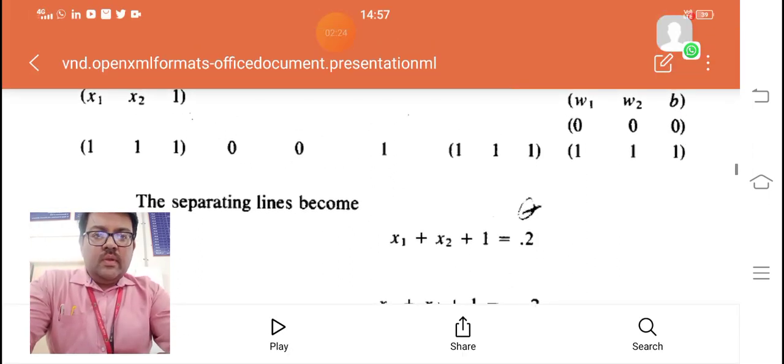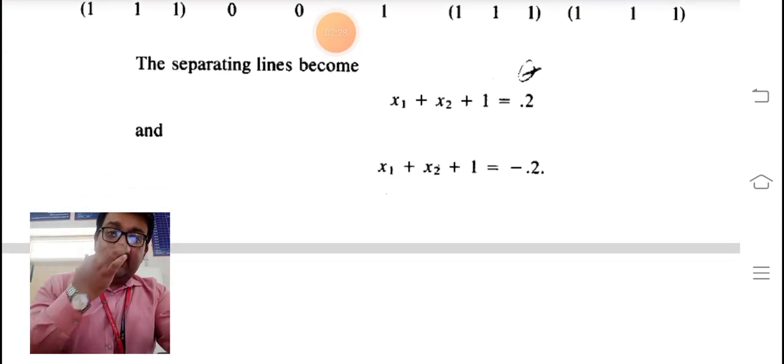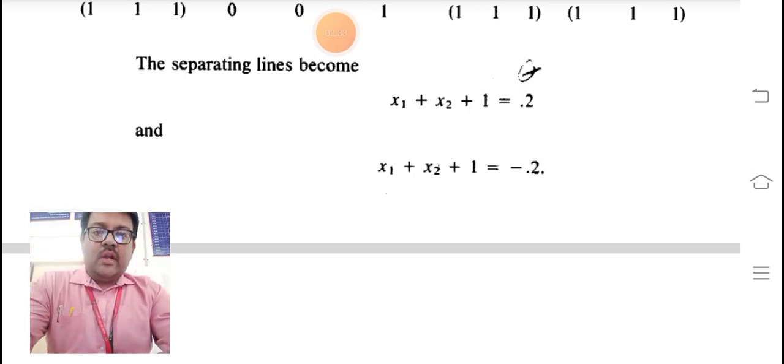Now we need to draw the separating lines. Separating lines will tell the variation between input and output for different inputs x1, x2. For drawing the separating line, you need to have the equation. So there will be two equations.